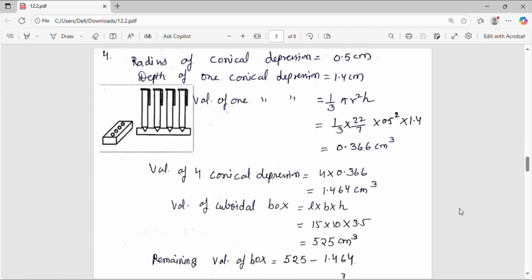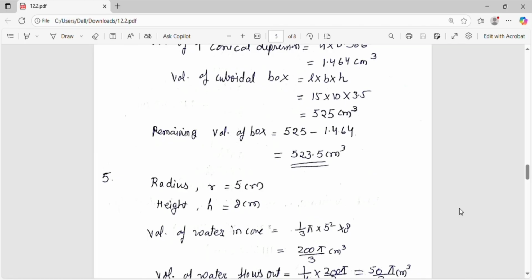And the volume of cuboidal box, if we exclude the conical depressions, it would be L into B into H, which is 525 centimeter cube. So the remaining volume of the box would be 525 minus 1.464. We will subtract the volume of 4 conical depressions from the cuboidal box and we will get 523.5 centimeter cube. Question number 5.